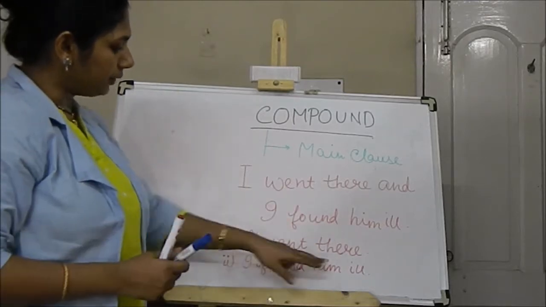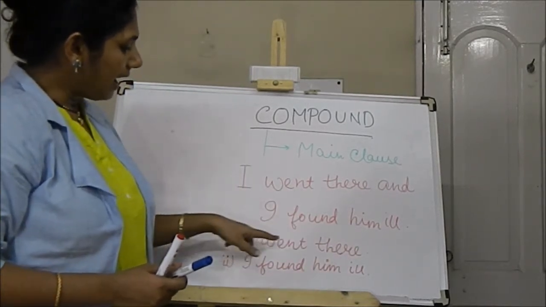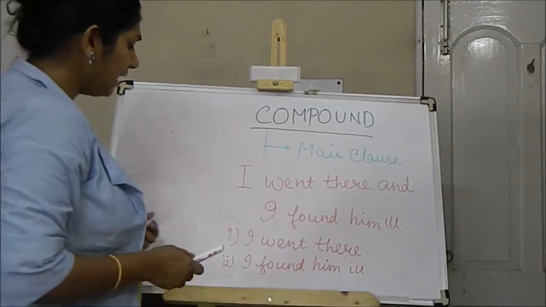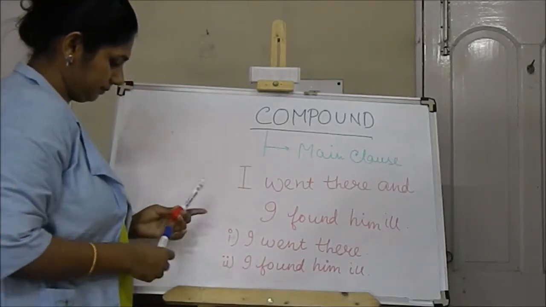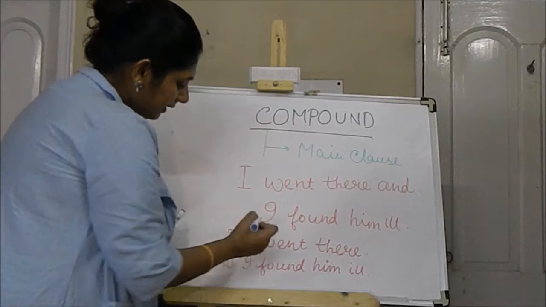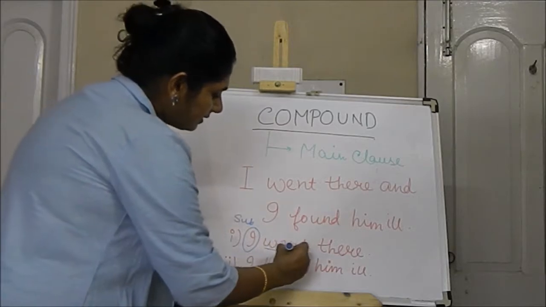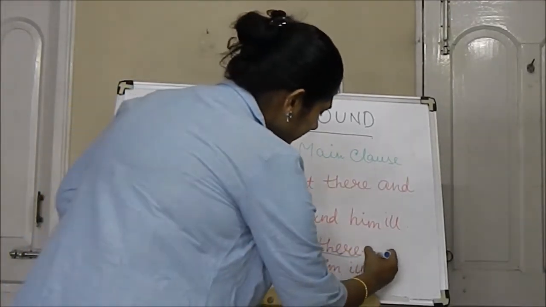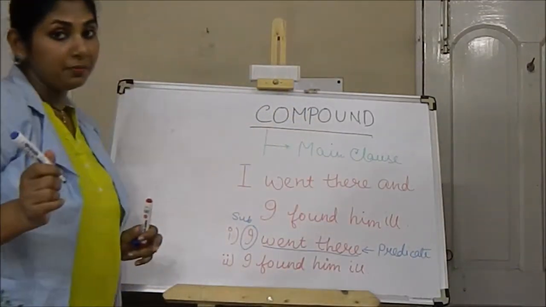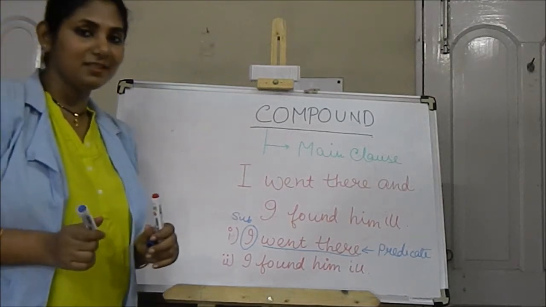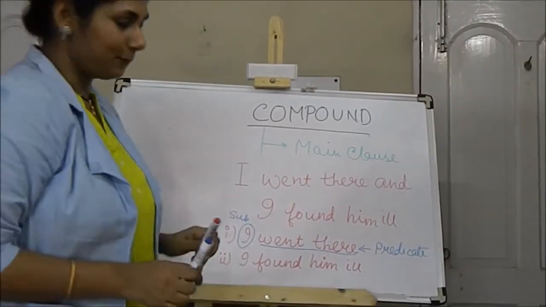Now take a look at the first sentence first. I went there. In this particular sentence, I is the subject. Went there is the predicate. Hope you can remember the subject and the predicate which I discussed in my last video. If you could not, please take a look at the video.